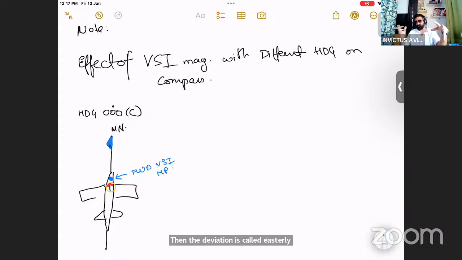When the compass north is to the right of the magnetic north, that is to the east, then it is called easterly deviation. In CX3 computers, it is denoted by negative symbol. Very important point. In CX3 computers, it is denoted by negative symbol.